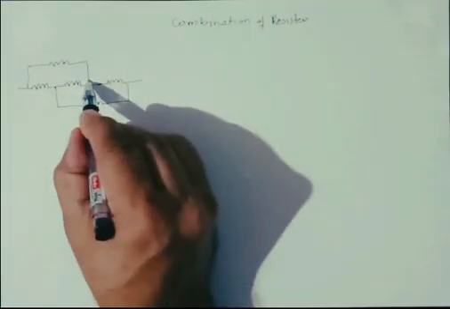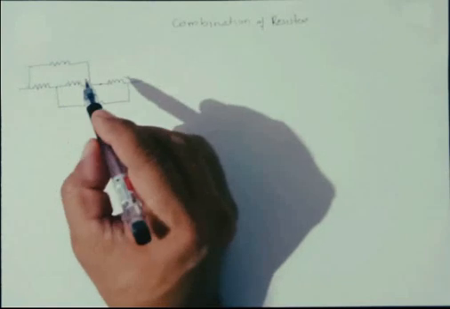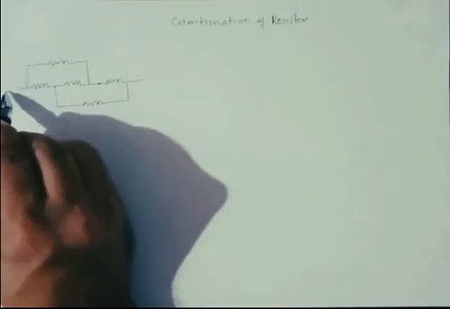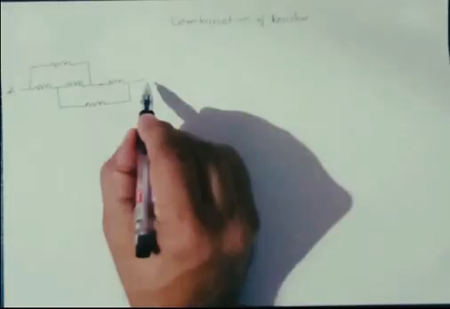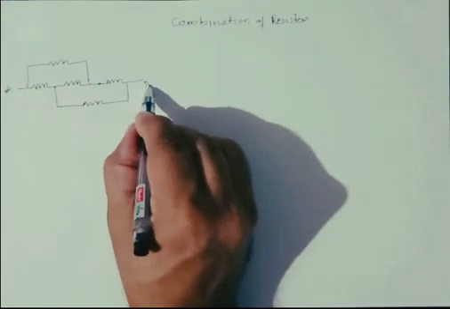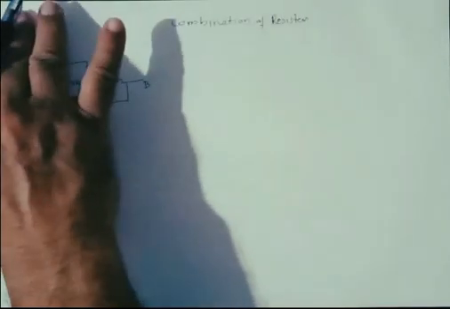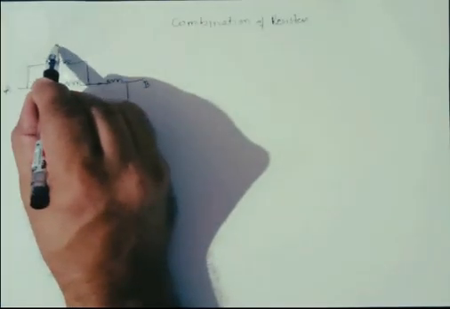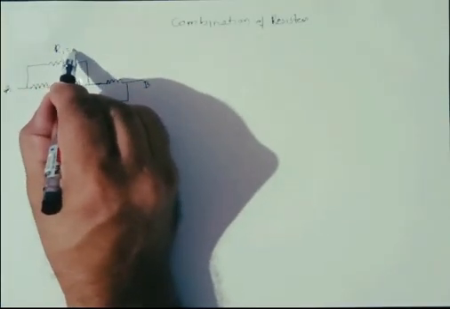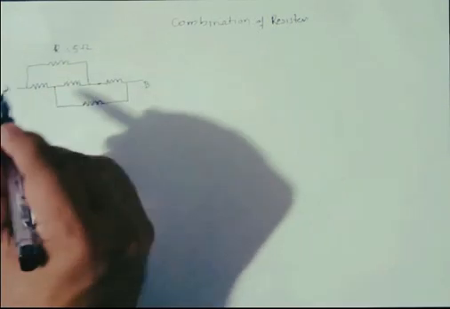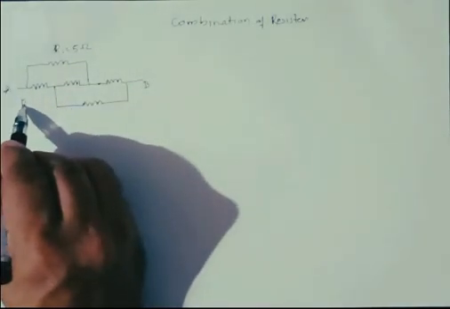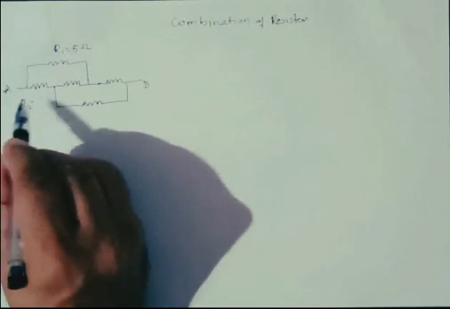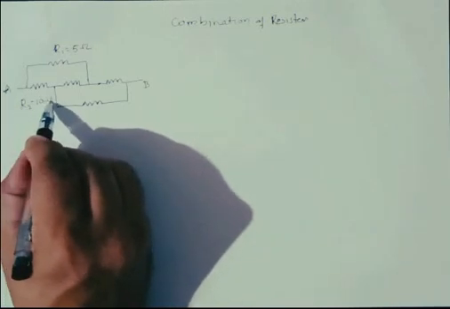It's a typical question you usually get in exams. So this point, let us mark it as A, and let this be B. Let this resistor be R1, equal to 5 ohm. Call this R2, equal to 10 ohm.